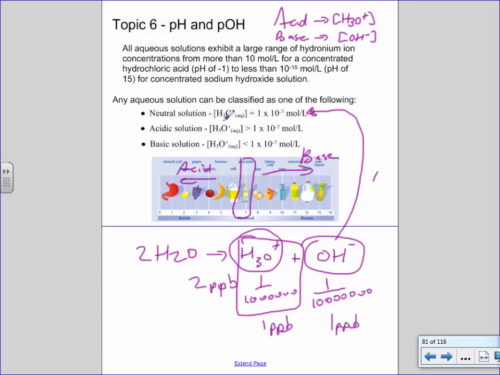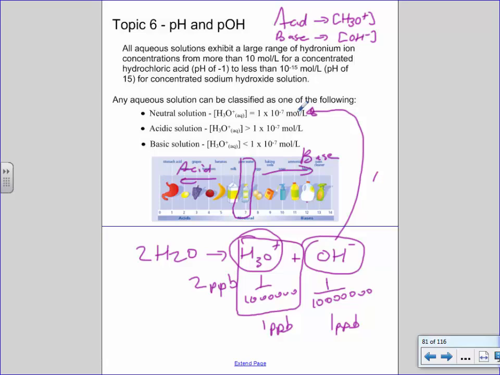It has a very, very, very small amount of it. I mean, how big is 1 times 10 to the minus 7? 0.0000001. Like, is that concentrated? Not even remotely close. But hopefully you can understand where this came from: because 1 in a billion water molecules makes acid and base, neutral solutions actually have a concentration of acid.